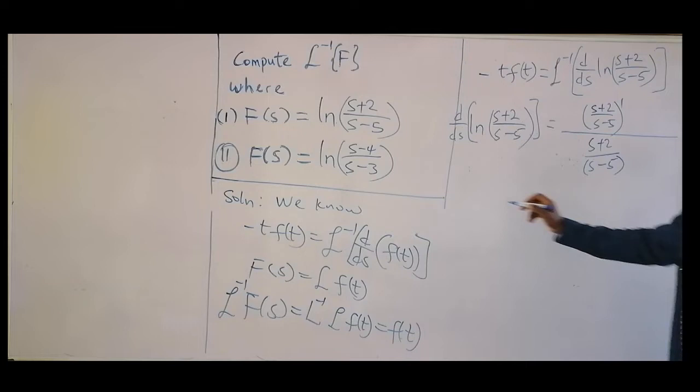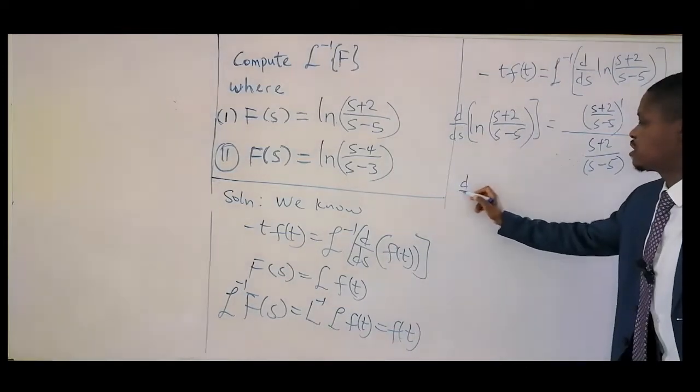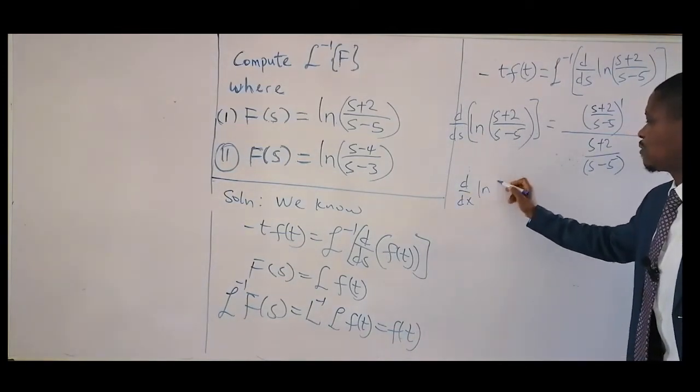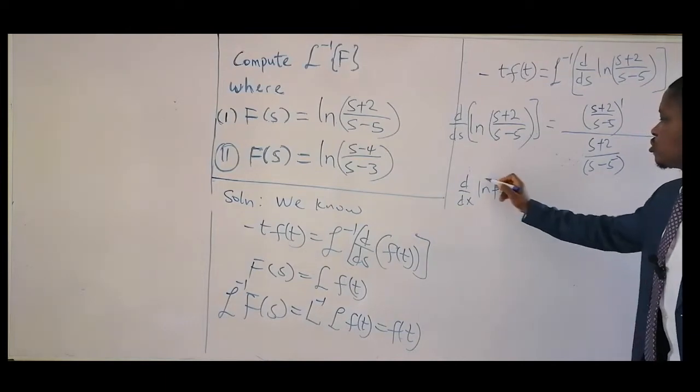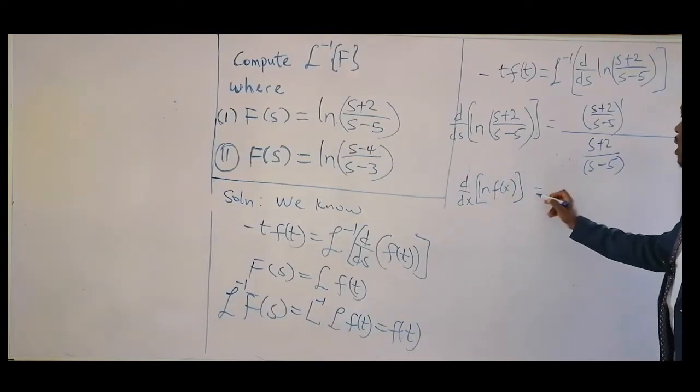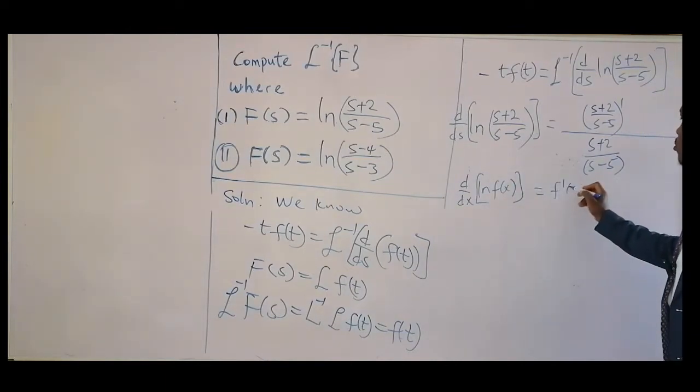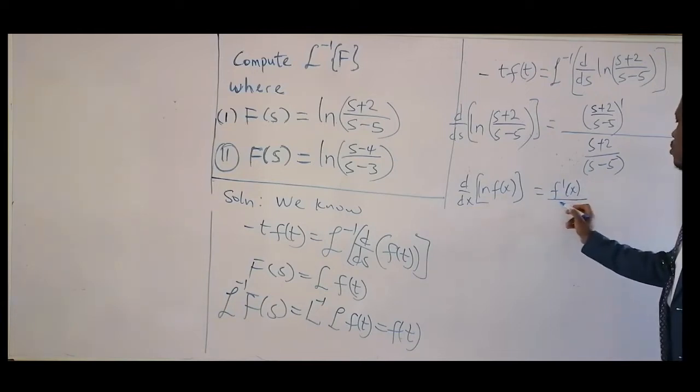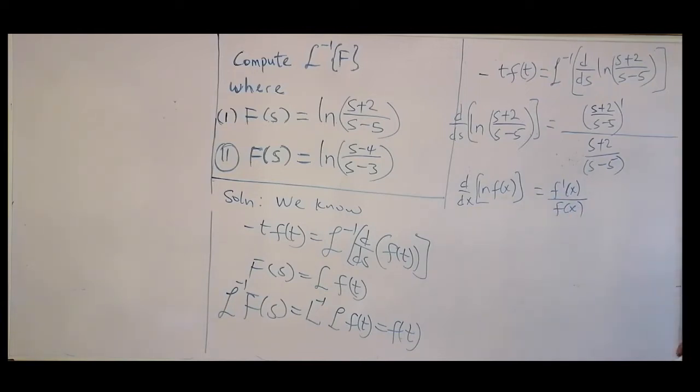What I mean is this: when you differentiate d/dx of ln f of x, it is going to be f prime of x all over the function itself. That's what we are applying in this case.